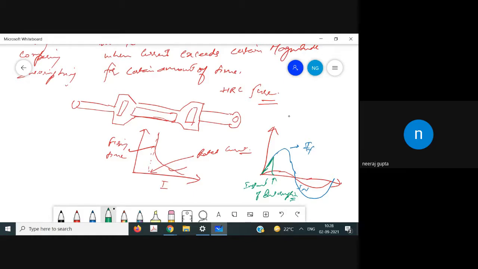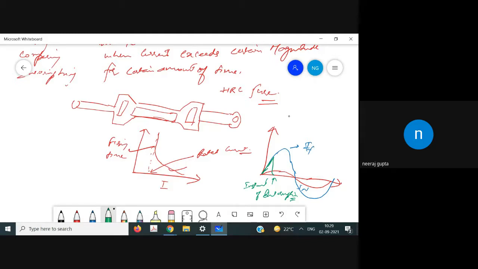So this is the normal current, and this is the fault current, that is, the current that would be there if the circuit is not interrupted. And if the circuit is interrupted, then this is the instant of interruption.